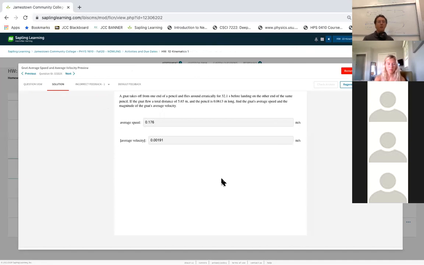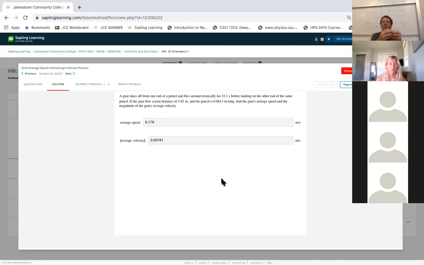All right, so a gnat takes off from one end of a pencil and flies around for so many seconds and lands on the other end of the same pencil. If the gnat flew a total distance of 5.65 meters, so that's like if the gnat was leaving, what do they call those, behind a jet plane, a chemtrail, those streaks behind it.